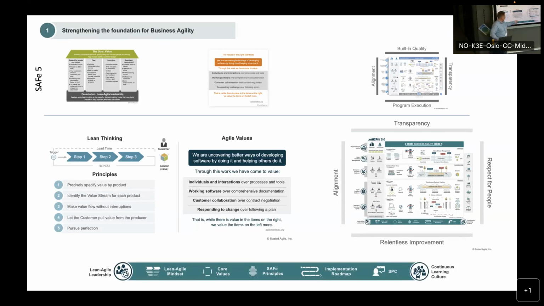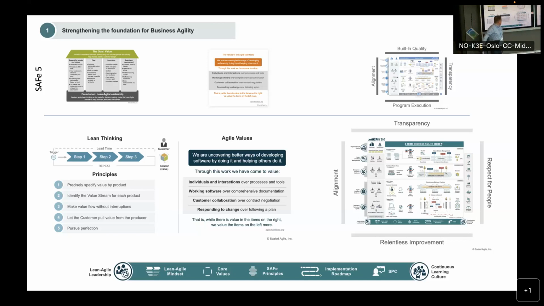The values, the SAFe Manifesto is the same, of course, and they've changed the core values. So instead of program execution and built-in quality, they now have relentless improvement and respect for people. You will see that program is a word they've stopped using more or less totally through the whole framework, and that's a good part as well, I think. So we'll see more of that.